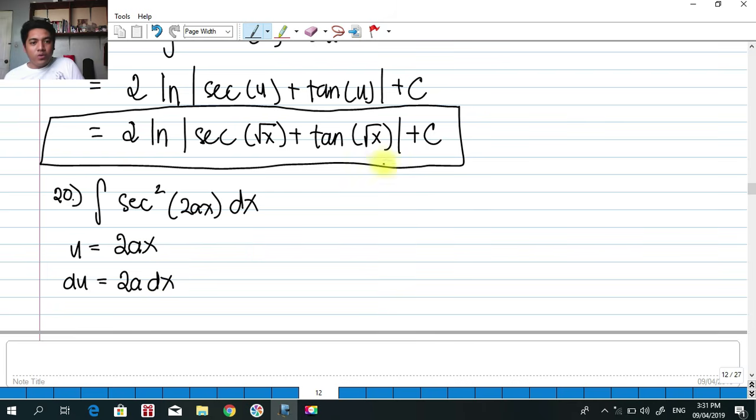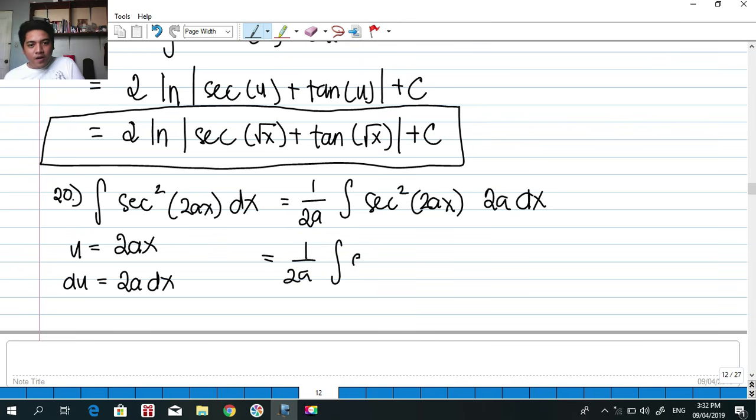We can also simplify this as the integral of secant squared of 2ax. We have only dx here, but in our du we have 2a dx, so we can add 2a here. If we add 2a there, we have to add outside of the integral symbol 1 over 2a. And we can perform the substitution. We have the integral of the secant squared of u times du.